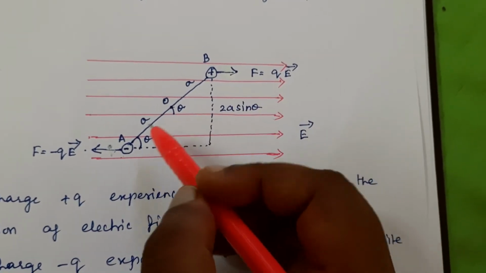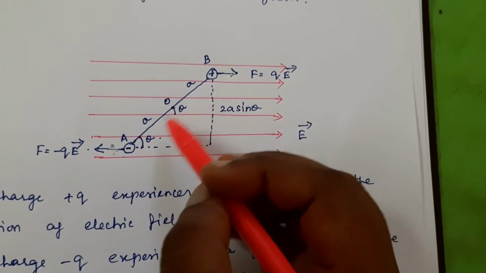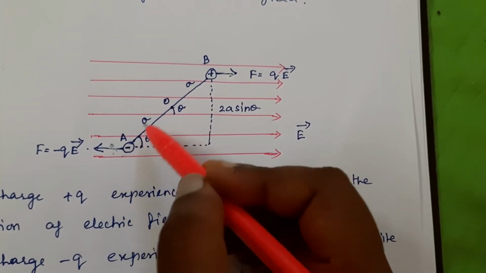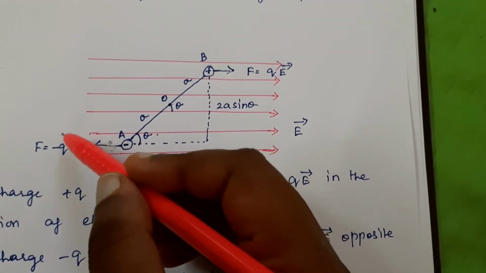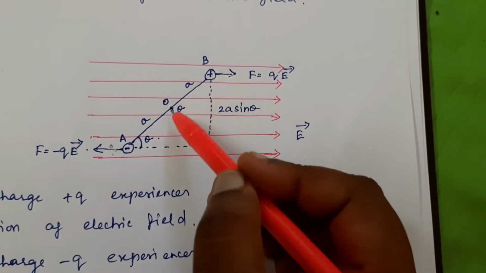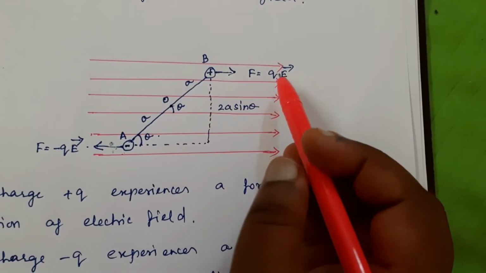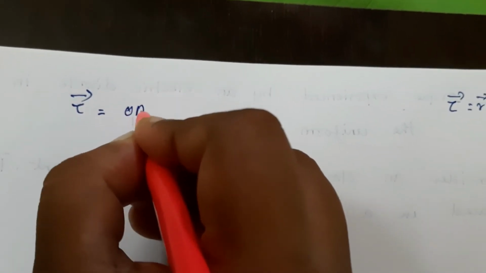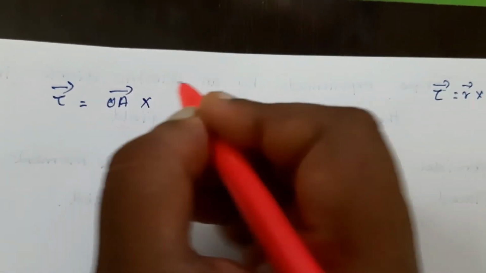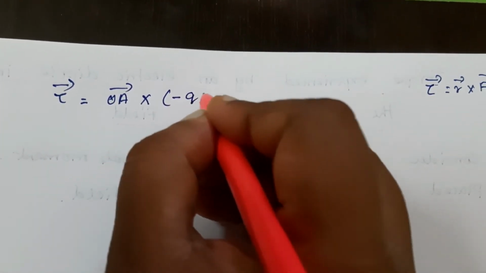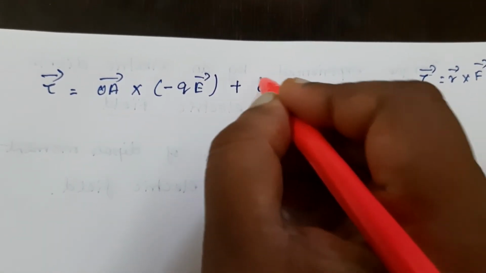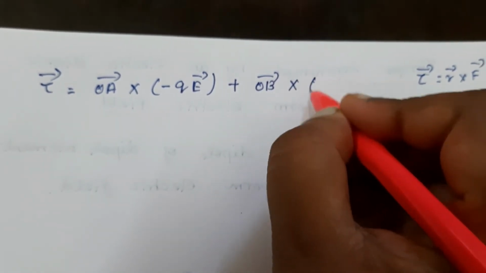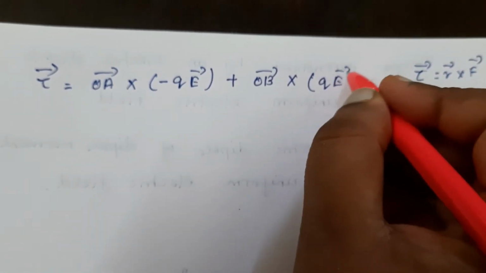We are using the formula R cross F. For the negative charge, R is OA and the force is minus QE. Here R is OB and the force is plus QE. So I can write it as OA vector cross minus QE vector plus OB vector cross plus QE vector.